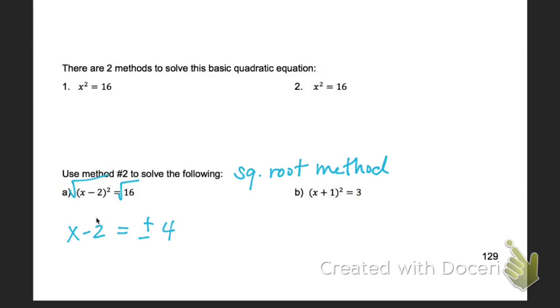Then I'm going to add, I want to get x by itself. So x equals 2 plus or minus 4. So what are my two answers? 2 minus 4 is negative 2, and 2 plus 4 is 6.